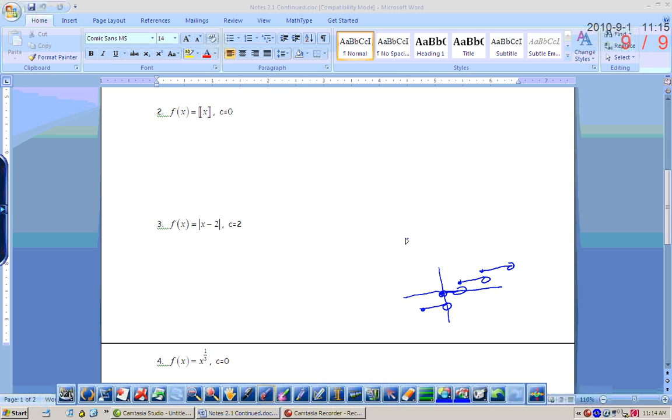And what it means is, if I take the greatest integer of, say, 1.2, it means the biggest integer that's not bigger than 1.2. So what would that be? 1, right. How about negative 5.3?